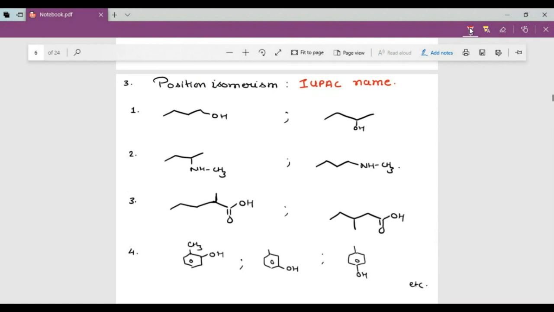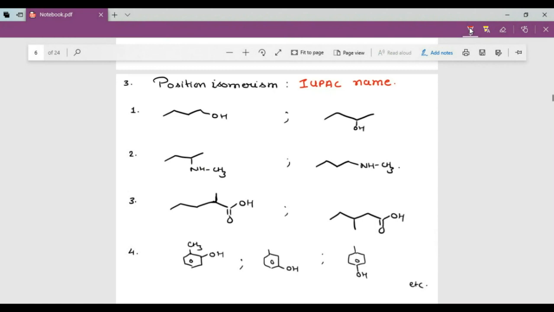So here, coming back to positional, we'll assign the IUPAC name. Step number 2, you will check that the functional group in the 2 molecules is the same. Step number 3, you will check that the root word of the parent chain or of the substituent is maintained the same.